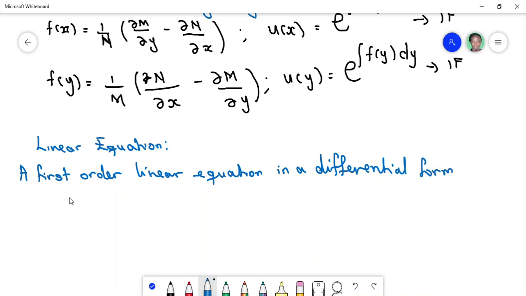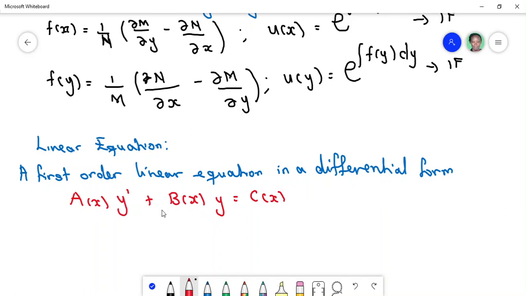can be rewritten as a of x dy plus b of x y, then I have c of x. So for a linear differential equation I can write it in this form. This is a function of x, this is also a function of x, and this is also a function of x.